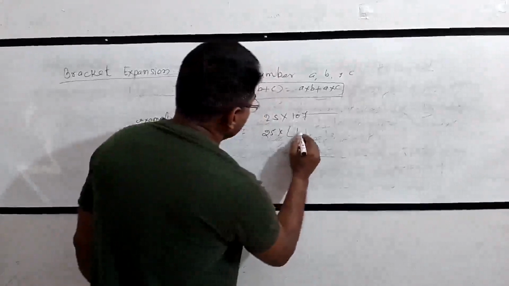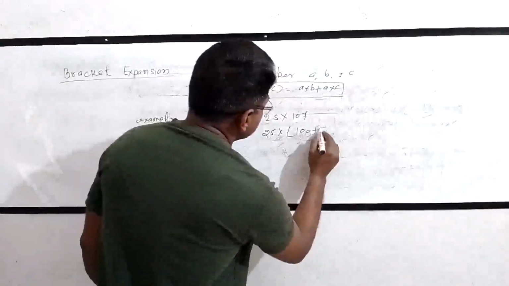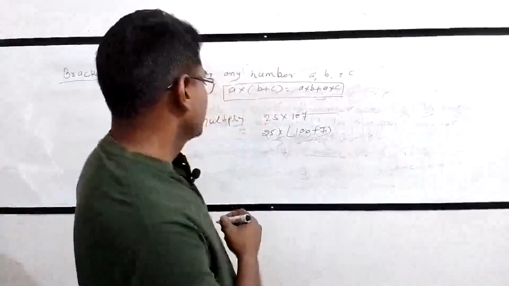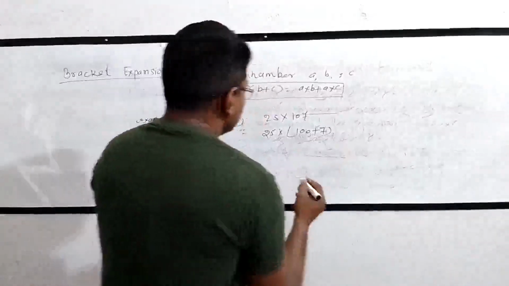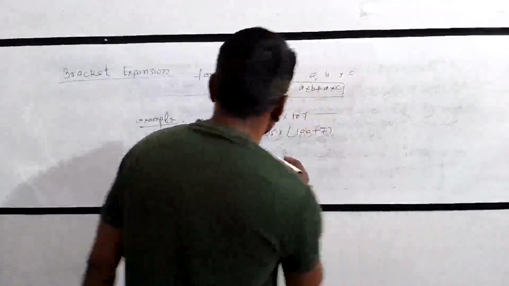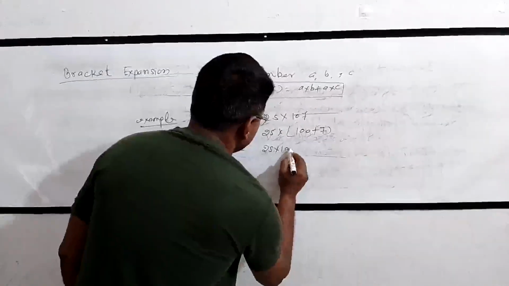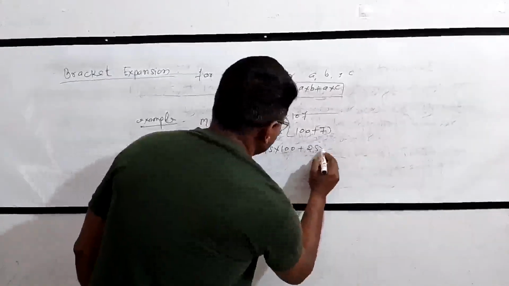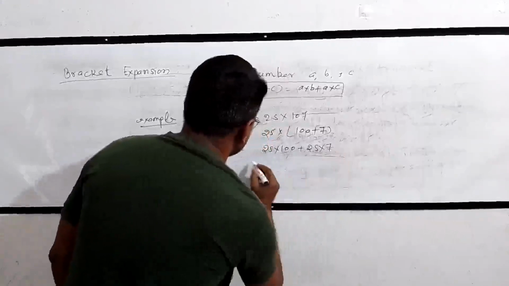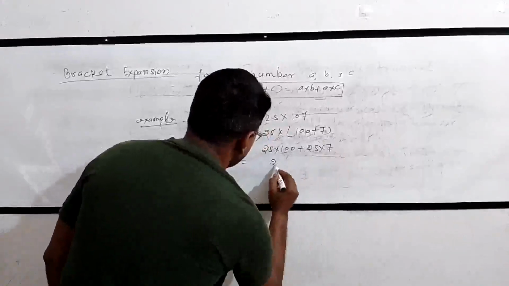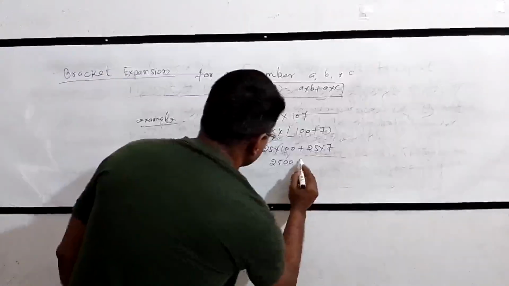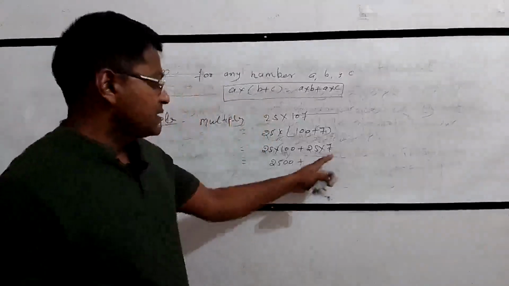You will write it like this: 25 into, you can write it as 100 plus 7. So again you can multiply 25 into 100 plus 25 into 7. So you will get 2500 plus 175.